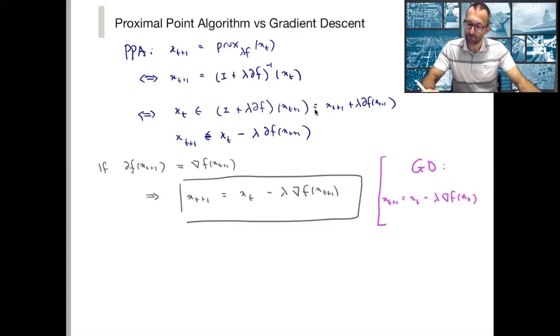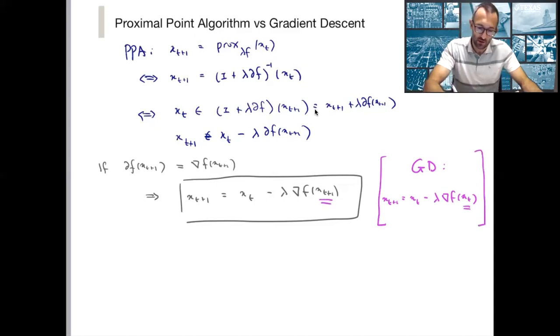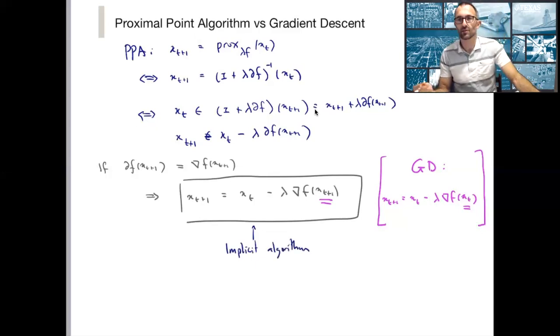So this is x_{t+1} versus x_t. This is why this is an implicit algorithm. It's saying that x_{t+1} is equal to x_t minus a gradient step, but the gradient is evaluated to where you wind up.